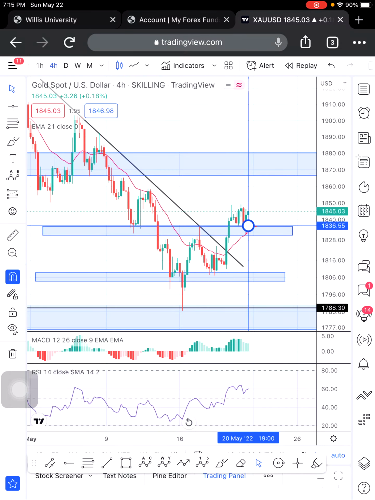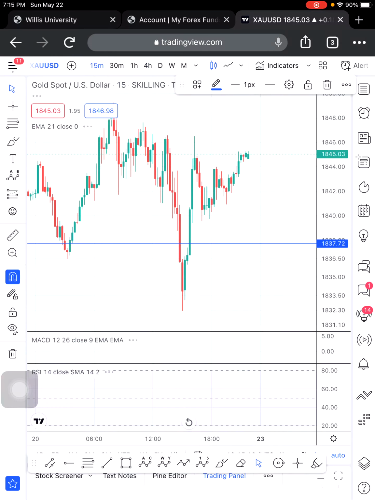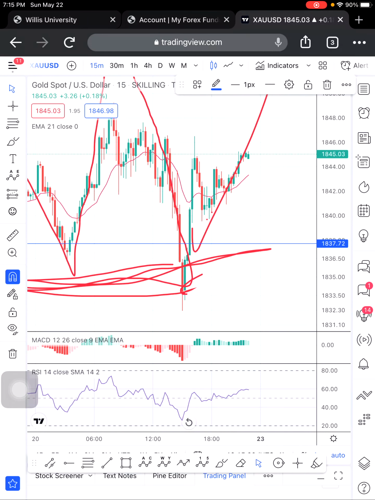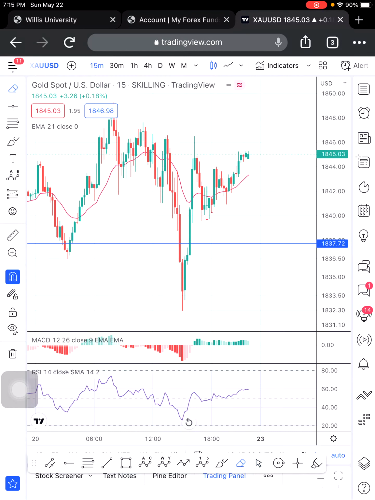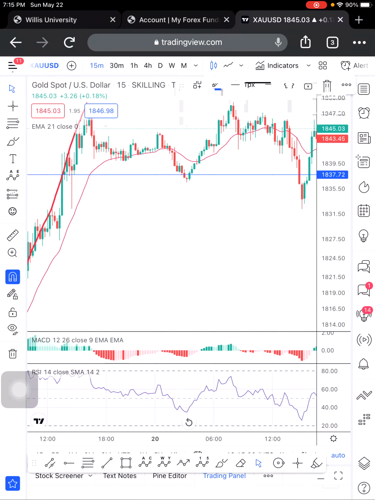Now, one will say this is a pullback and a retest. For you to take this trade, just switch to the 15-minute time frame and see if the pullback has gotten to these overbought, oversold levels, then you can take the trade.